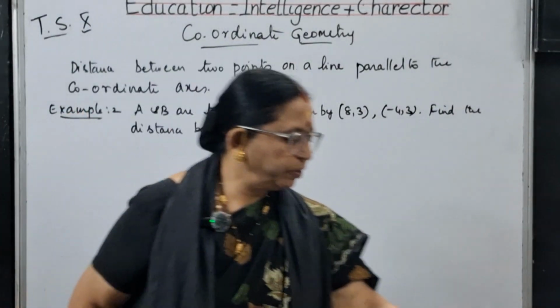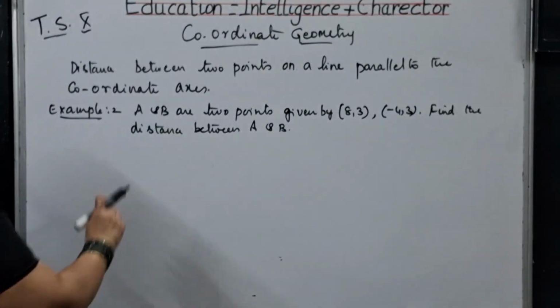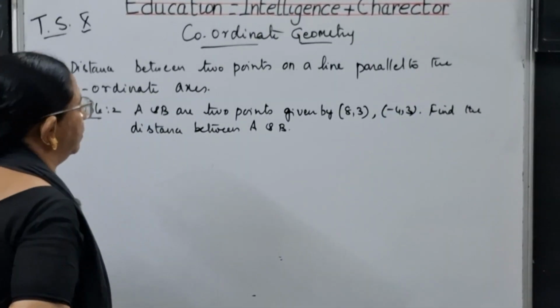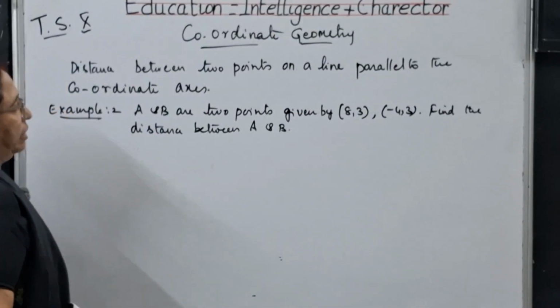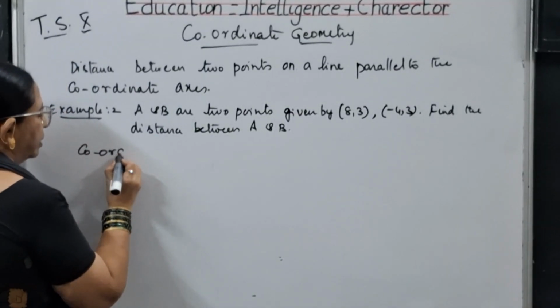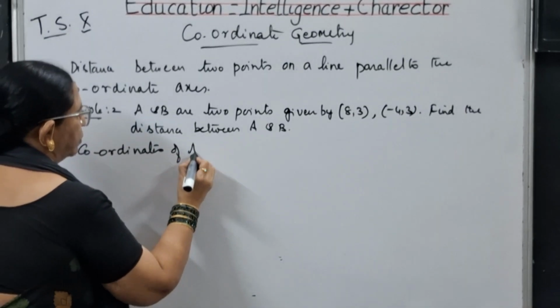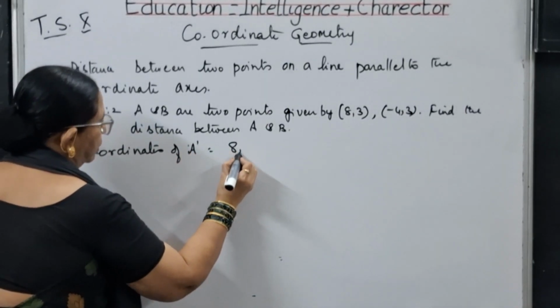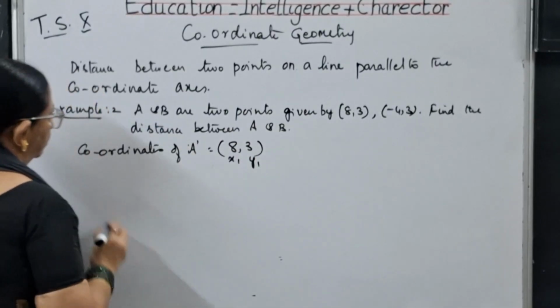Now example 2, children. Example 2: A and B are two points given by (8, 3) and (minus 4, 3). Find the distance between A and B. So what are the coordinates of A? Coordinates of A is equal to (8, 3); consider it as x1, y1.